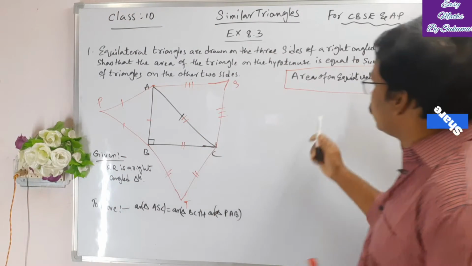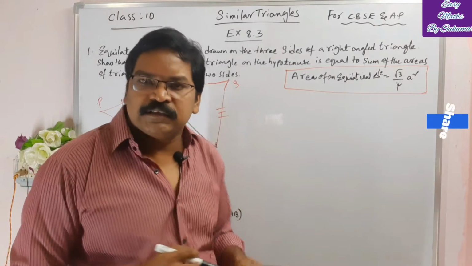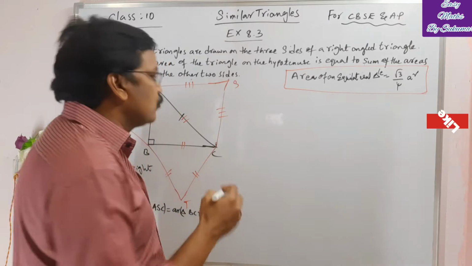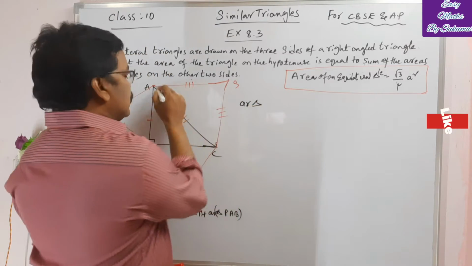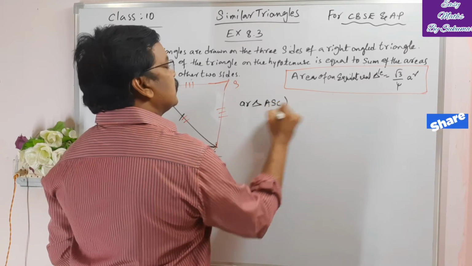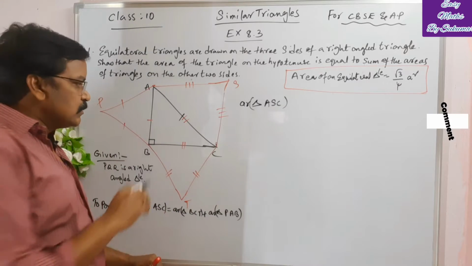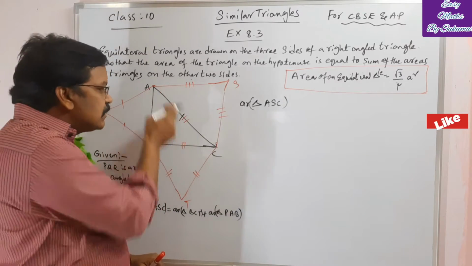Okay, my dear students, now look here. What is the area of an equilateral triangle? Root 3 by 4 a square. So what is the area of triangle ASC? Let us take each side of this equilateral triangle as AC only.